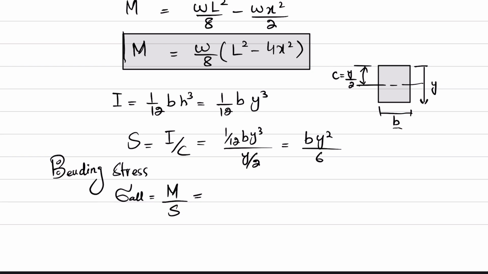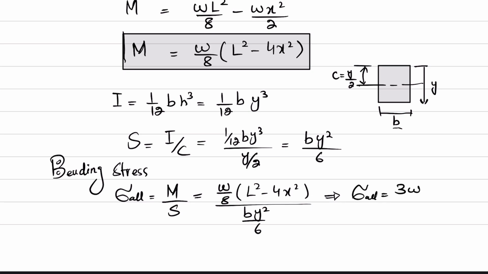So moment is given as w by 8 into l square minus 4x square, divided by section modulus b y square over 6. If you further simplify it, you will get sigma allowable equal to 3w into l square minus 4x square divided by 4 b y square. Let this be your equation number 1.